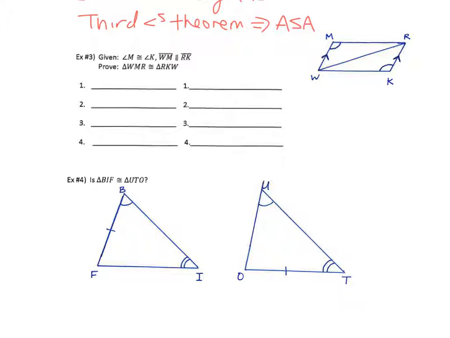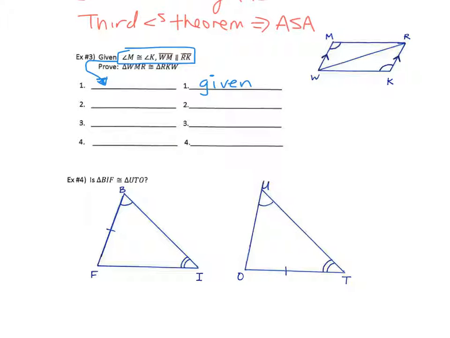proof. First step here is our what? The given. Okay, you would just take this information and plop it in here. But that information is meant to lead you to something. Impress me, make me happy right now.